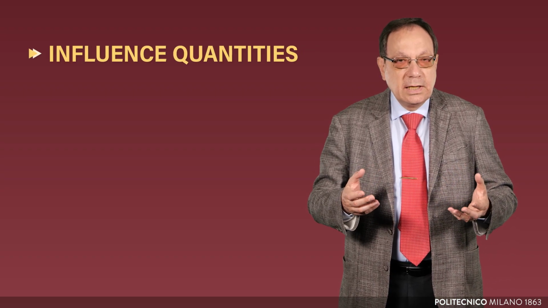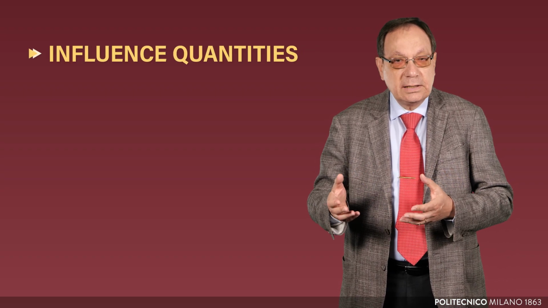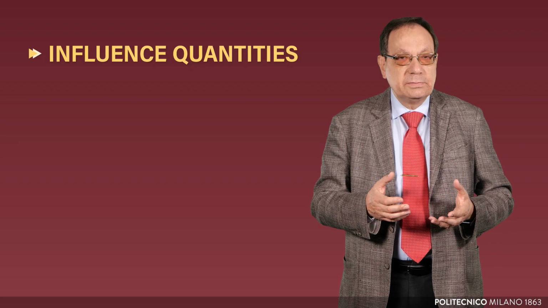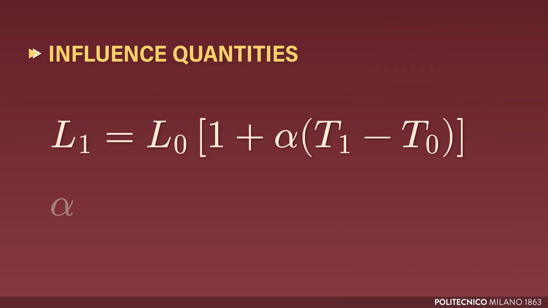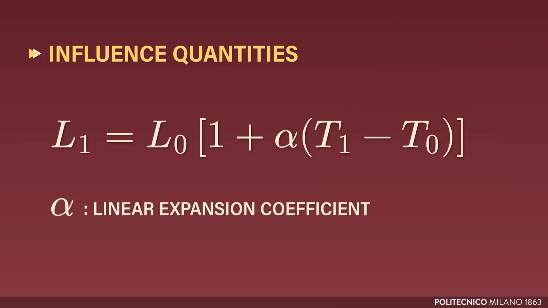The effects of certain influence quantities may be neglected or described by an approximate relationship. For example, the relationship between temperature and expansion, which we saw in a previous example, is often considered linear, but such an approximation is only valid for temperature variations of a few tenths of degrees centigrade.